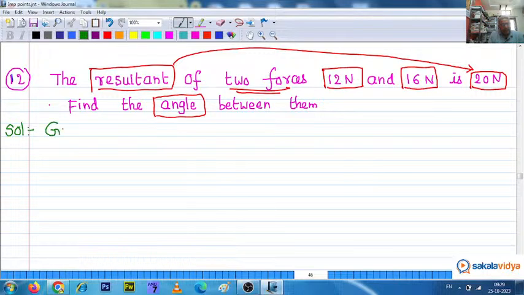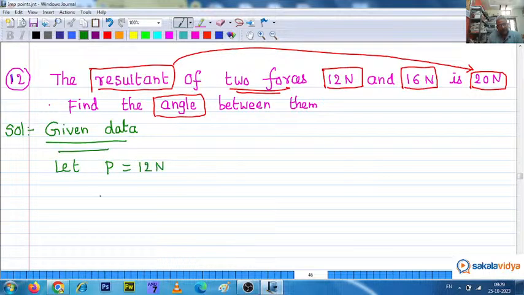Now, given data: let the first force be P, or you can say F1, 12 newtons. The second, Q, is equal to 16 newtons.